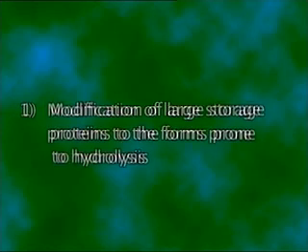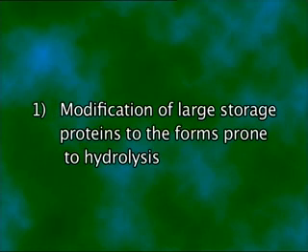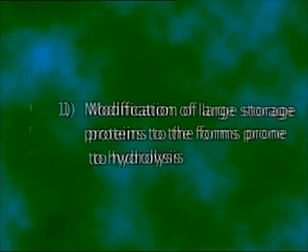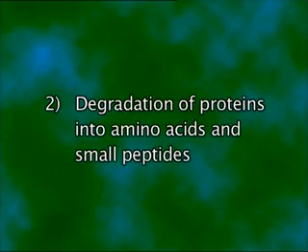The hydrolytic activity of dicotyledonous seeds involves two steps. Number one, there occurs modification of large storage proteins to forms that are prone to hydrolysis. And second, degradation of the proteins into amino acids and small peptides.